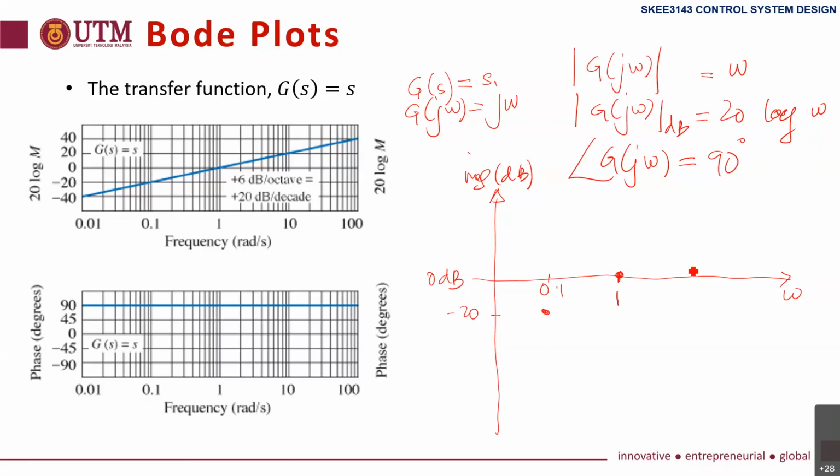When omega equal to 10, log 10 is 1, so 20 dB, here. If you continue, at 100, log 100 is 2, so 40 dB. So it will be like this, a straight line.